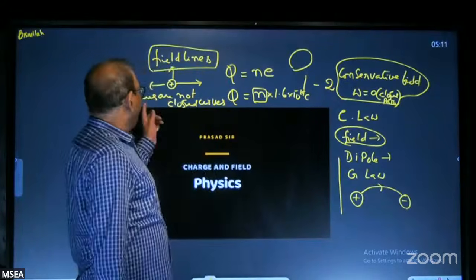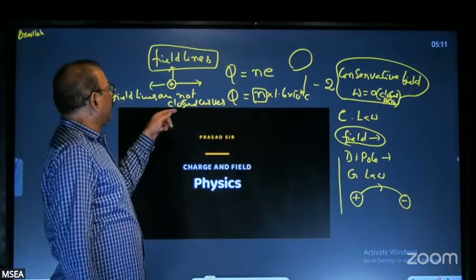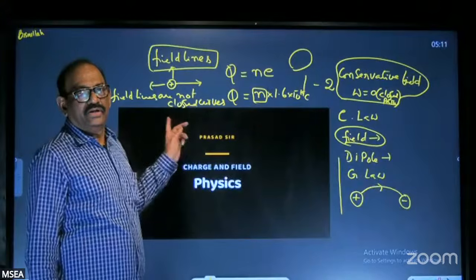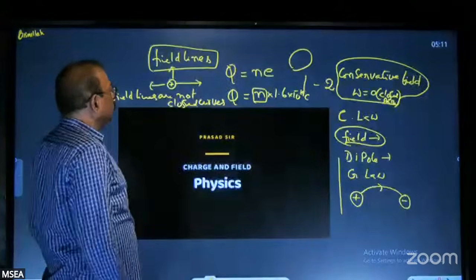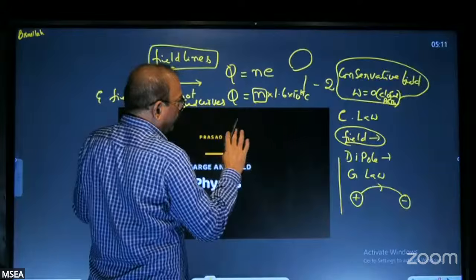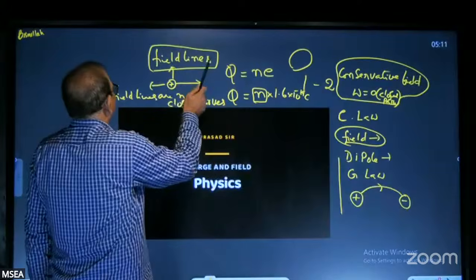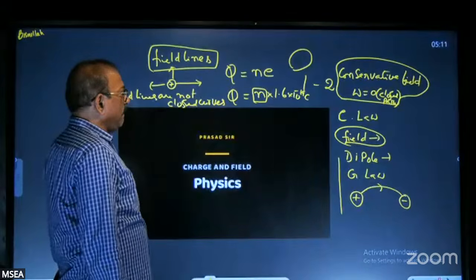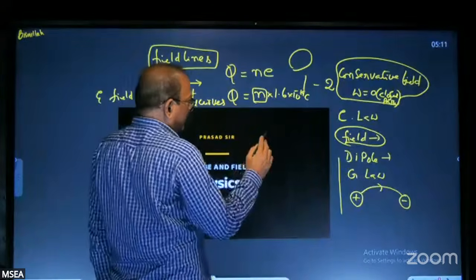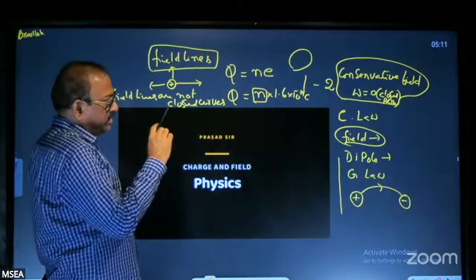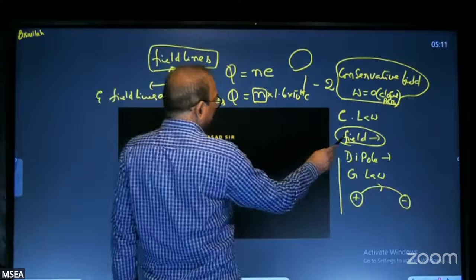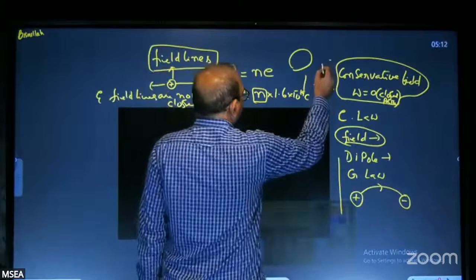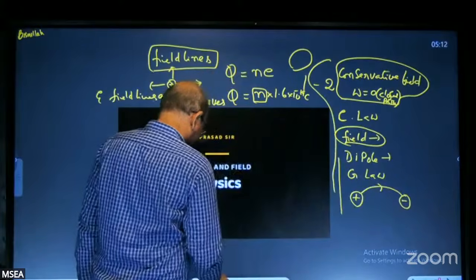So electric field lines are not closed because electric field is a conservative field. That is the reason. So these areas you revise: properties of charge, properties of field lines, revise them. And another is intensity of electric field in different cases, relations.